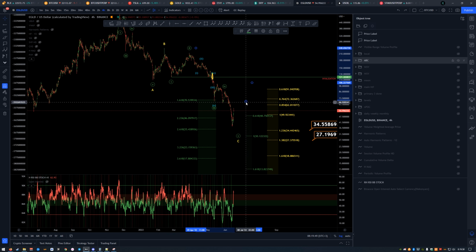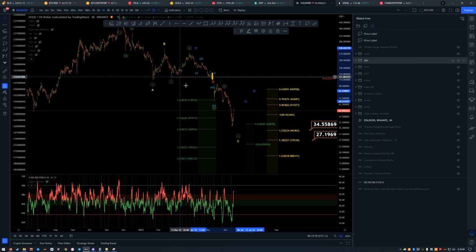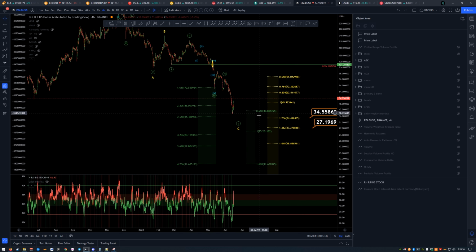Let me shift this a bit. We can see that on overall this green count we have 1, 2, 3, which makes this third wave not extended at all. So we could be expecting an extension here on the 5th wave again, and these are the targets here. Let me pivot them again.